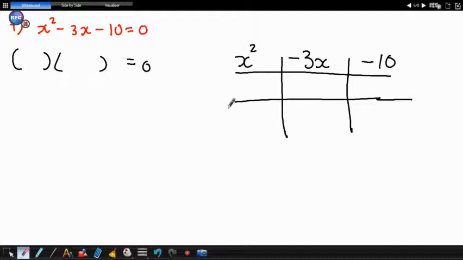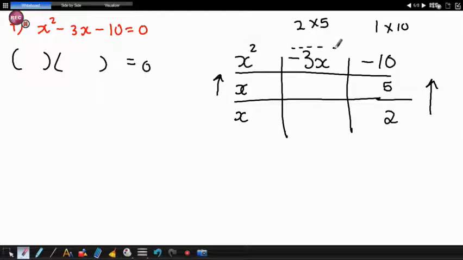Now, I know x times x will give me x squared. And also, I know that 1 times 10 will give me 10, or 2 times 5 will give me 10, right? So I can use 5 and 2, and the reason for that, I'm trying to make sure that I get 3 here. So 5 minus 2 will give me 3.